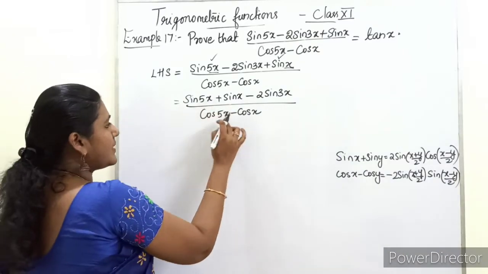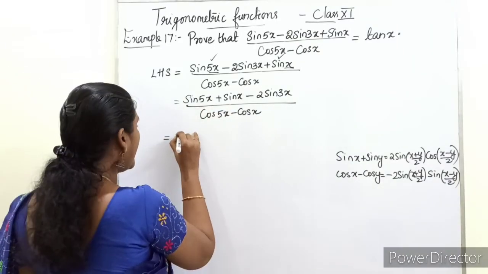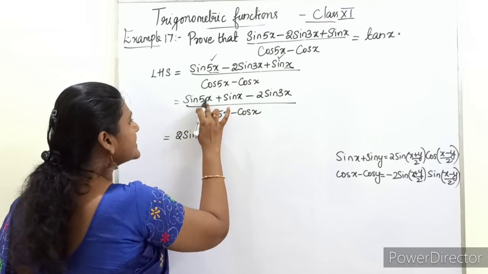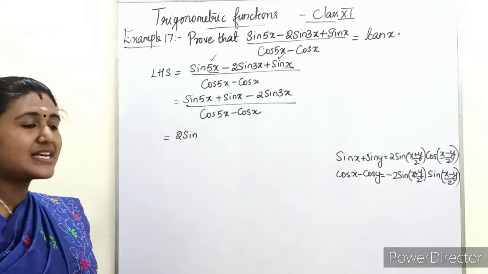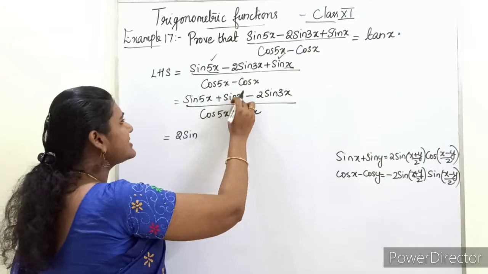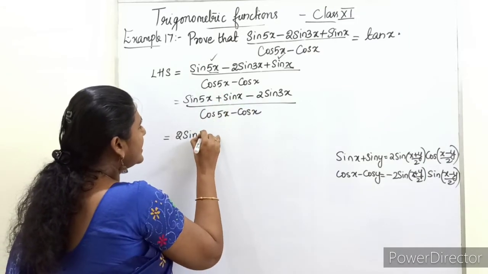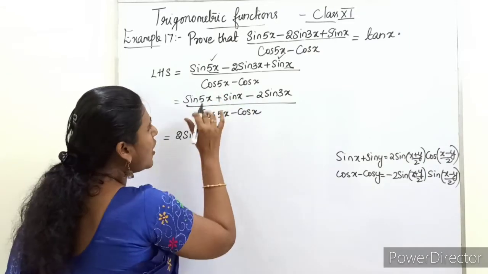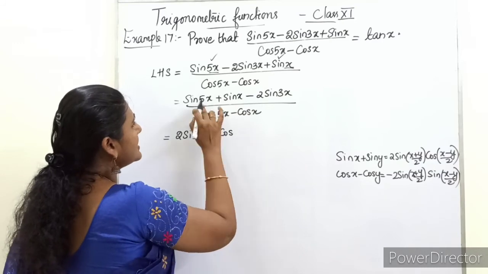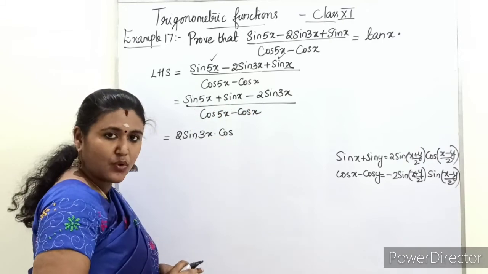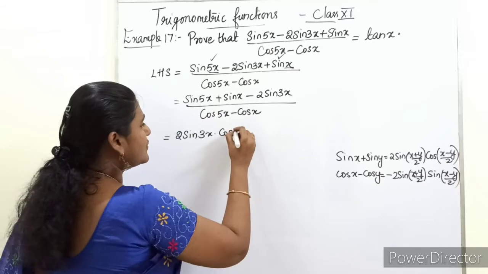So in these two places we will substitute this formula. 2 sin((x plus y) by 2), that is 5x plus x, that is 6x, divided by 2, that is 3x, into cos of (5x minus x), that is 4x, divided by 2 is 2x.